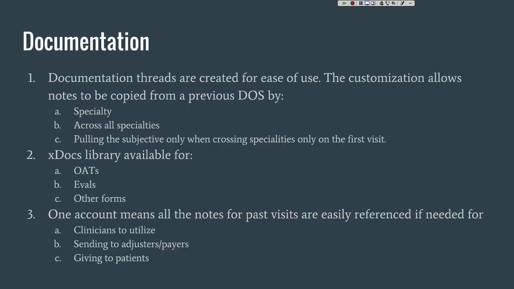So what our development team has done is we've heard the concern, and they are going to populate those subjective complaints in our XMR technology, which is our main platform for documentation, across all those specialties. So for the first visit, it's simply something that the clinician is going to read. For the subsequent visits, they're going to have to update the progress that patient is making when they complete theirs.